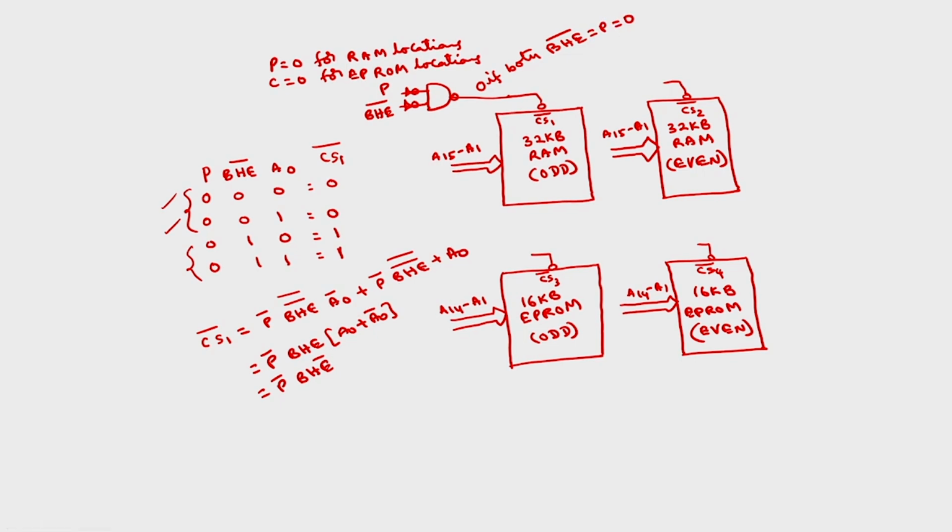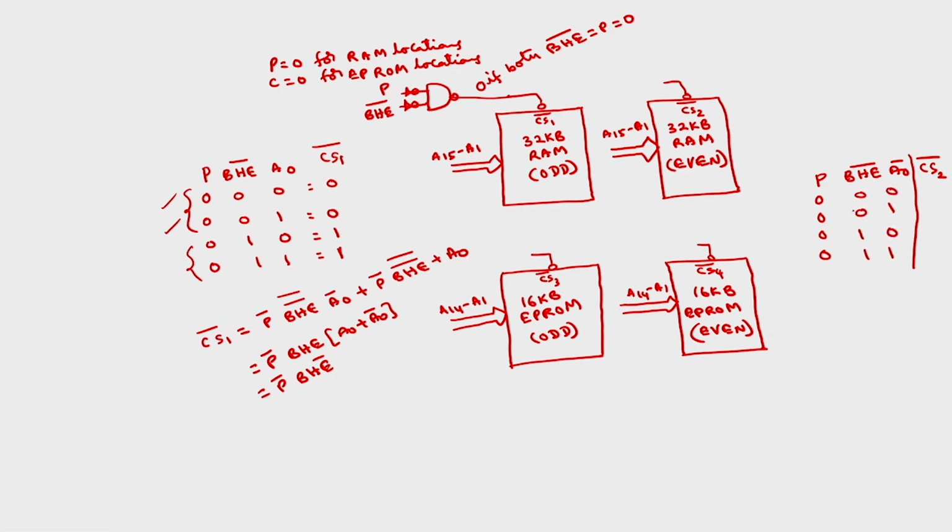Similarly, you can derive the chip select of even bank. So what will be the chip select of even bank? For that, RAM only. So P should be 0, BHE bar, A0 bar, CS2 bar. So it should be 0, 0, 0, 0, 1, 1, 0, 1, 1.